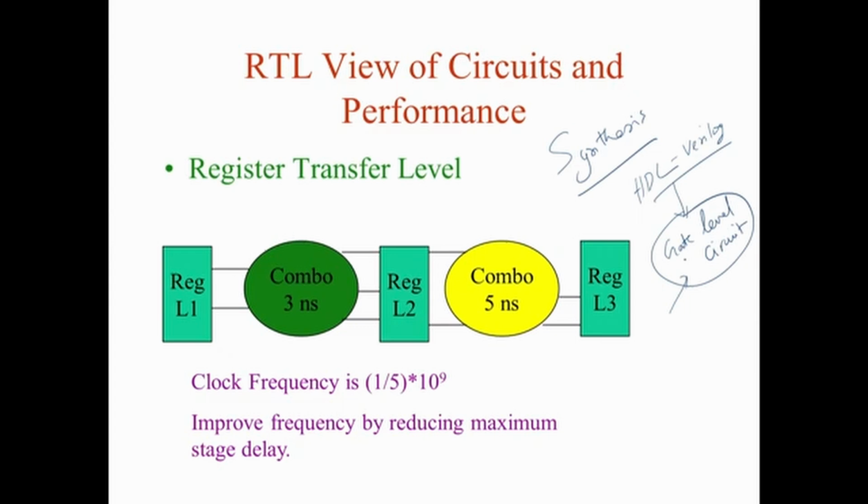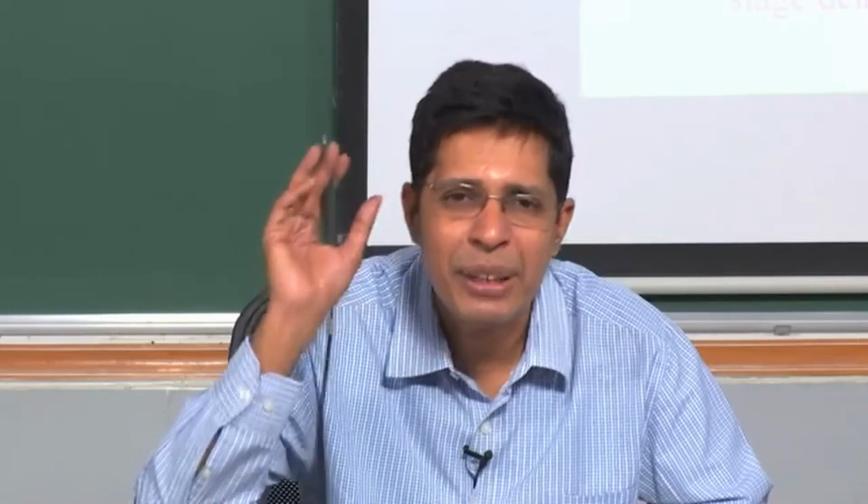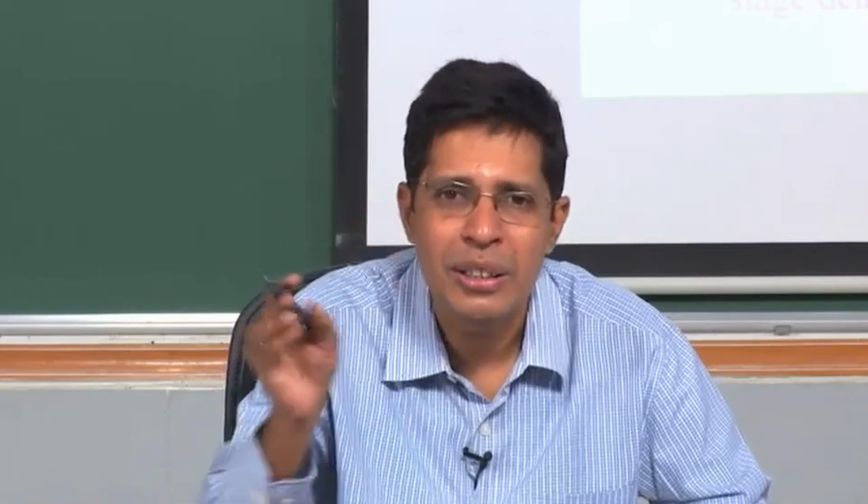So I can estimate the delay while I am designing the system at a very early stage. The moment I have a description, I can give it to a tool, and the tool will convert it to gates, and you will know that you are going to fabricate in some fabrication unit. That fabrication unit will tell you the delays of the different components, and then you can estimate these delays.